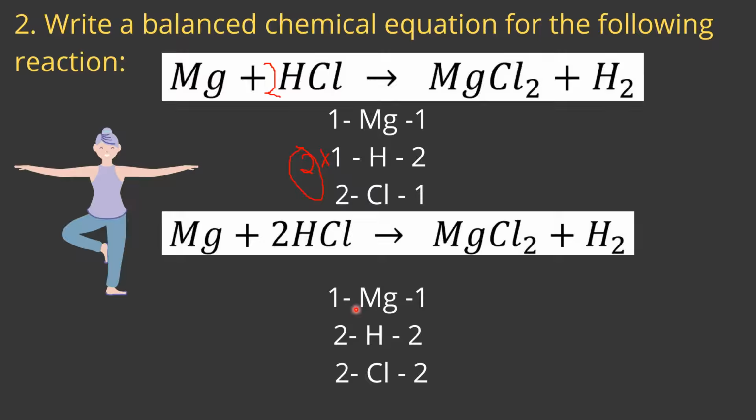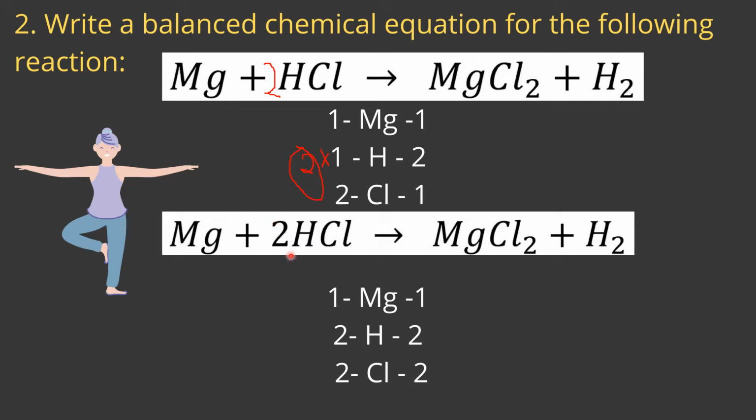Okay, so then we check how many magnesium atoms we have on this side. It's still 1. On this side, it's still just 1. And for the hydrogen, you see it's 2H, so you have 2 on this side, and on the other side you also have H2, so it's 2. For your chlorine, on this side it's 2HCl.